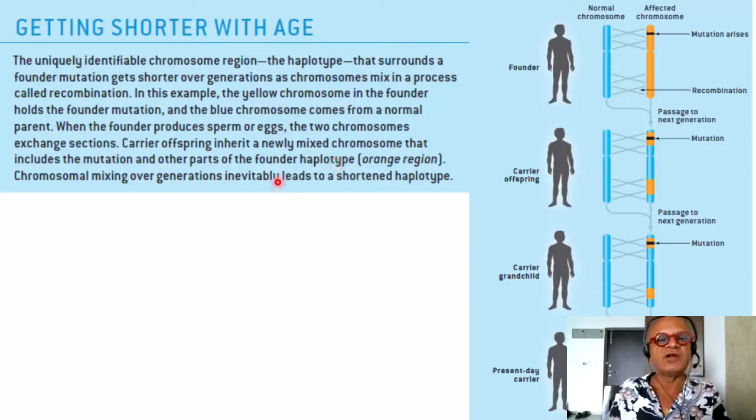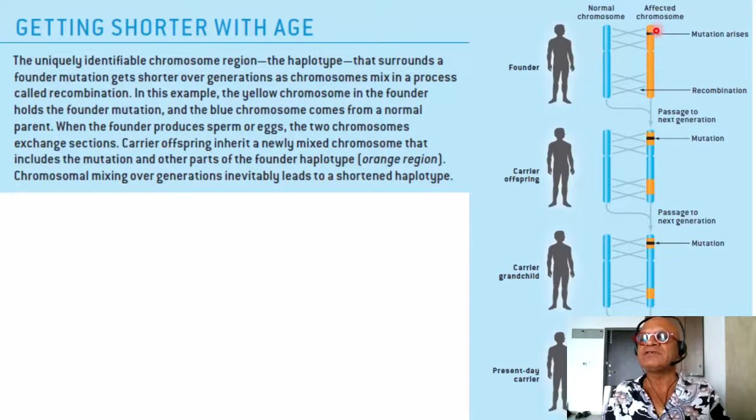Okay, so that's where the carrying offspring inherit a newly mixed chromosome that includes the mutation and other parts of the founder haplotype, the orange region here. So chromosomal mixing over generations inevitably leads to a shortened haplotype. So let's say there is a founder who has a mutation in one chromosome, and there is a normal chromosome because you have pairs.